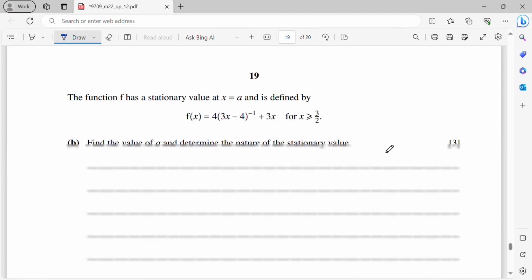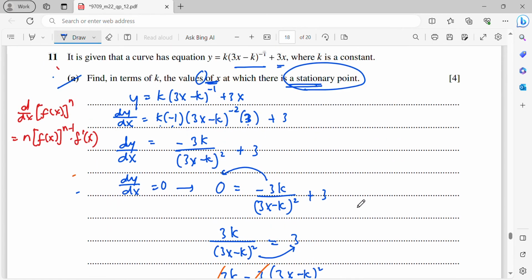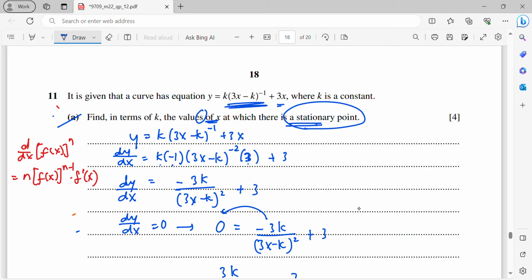Now, the function f has a stationary value at x equals a. So it means that your stationary point is at x equals a, and f(x) is defined as this for x greater than or equal to 3 over 2. Now, b, find the value of a and determine the nature of the stationary value. So now I will compare this function with the previous function, because they are similar.